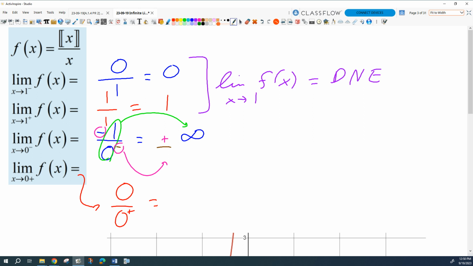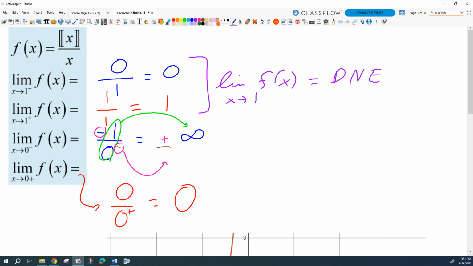The greatest integer function evaluated at any number greater than 0, as long as it's less than 1, is exactly 0. It's not approaching 0. It is 0. So what I actually have here is exactly 0 divided by a non-zero positive number, right? What is 0 divided by any number, regardless of how small? 0. That answer is 0.